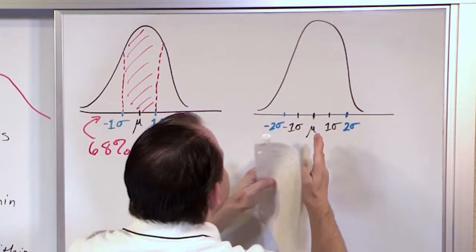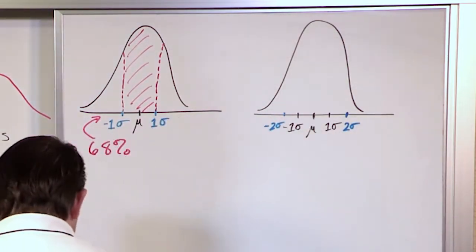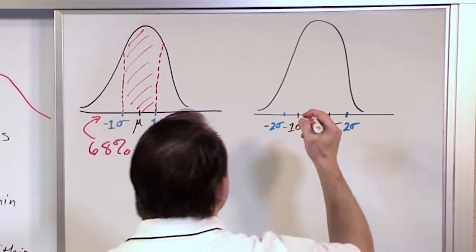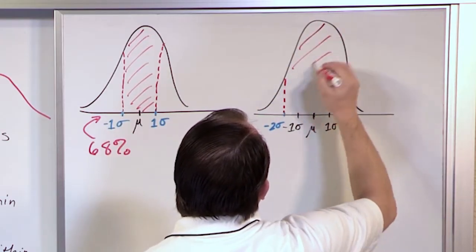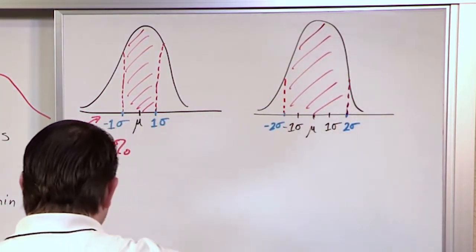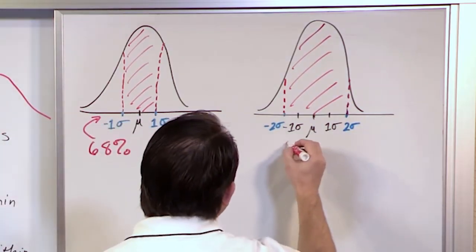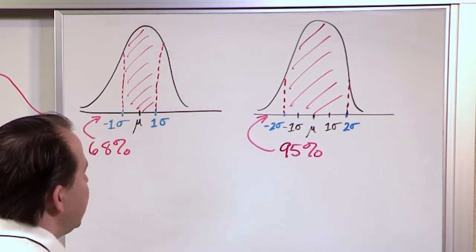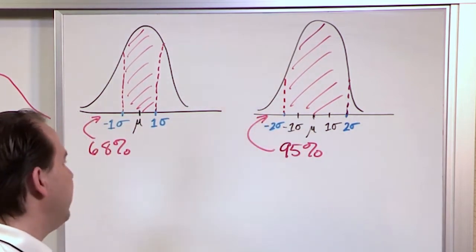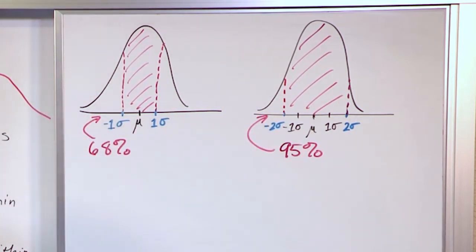That's twice as far out from my mean. Then if I look at this shaded region, notice it's a much larger region, because 95% fall in this range. 95% of my students fall in this range because it's a wider range about the mean.